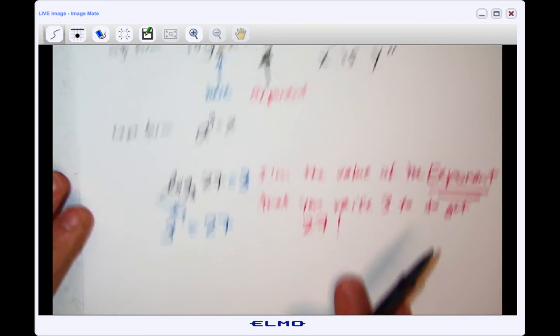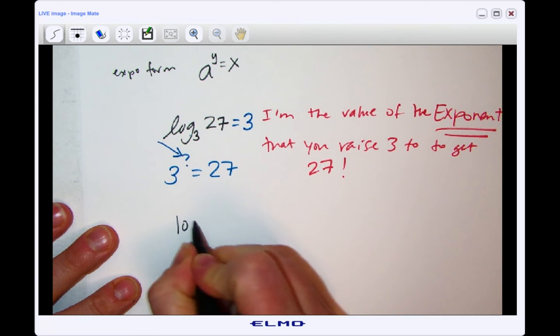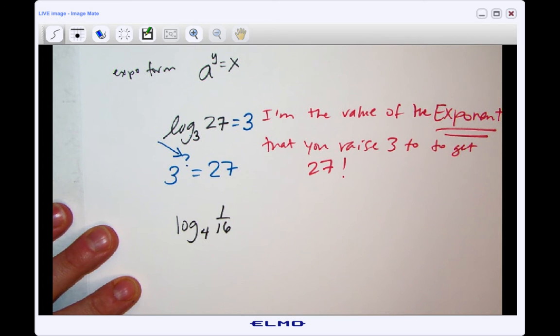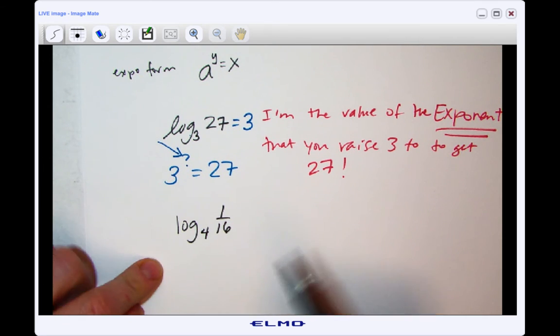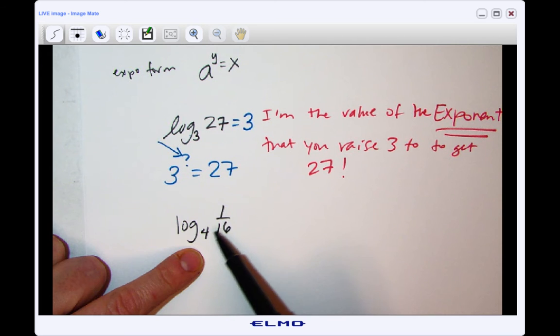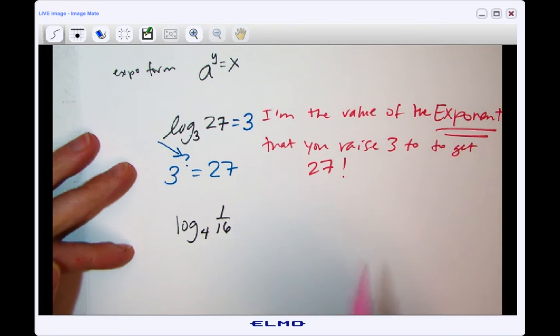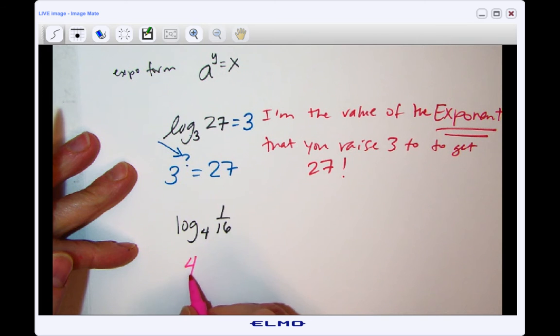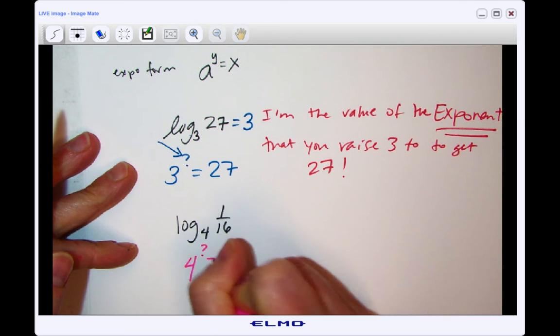Let's look at another one. Log base 4 of 1 over 16. So what I should be saying is, what number do I have to raise 4 to get 1 over 16? In other words, if you're having a hard time understanding it, it's log base 4 of what?